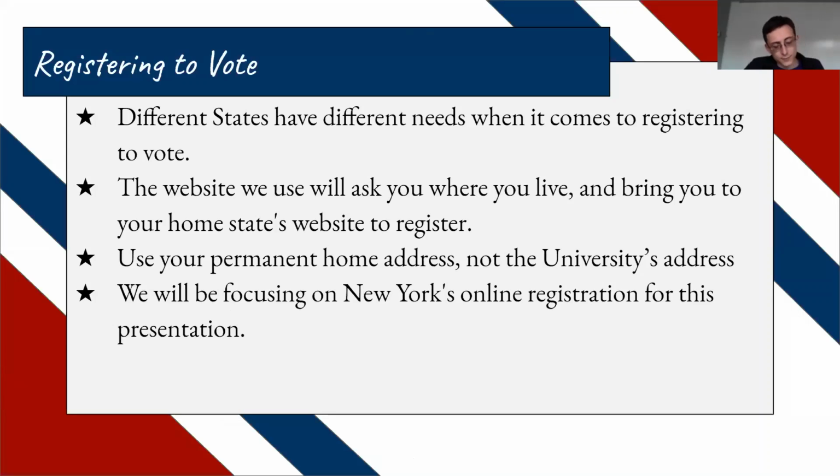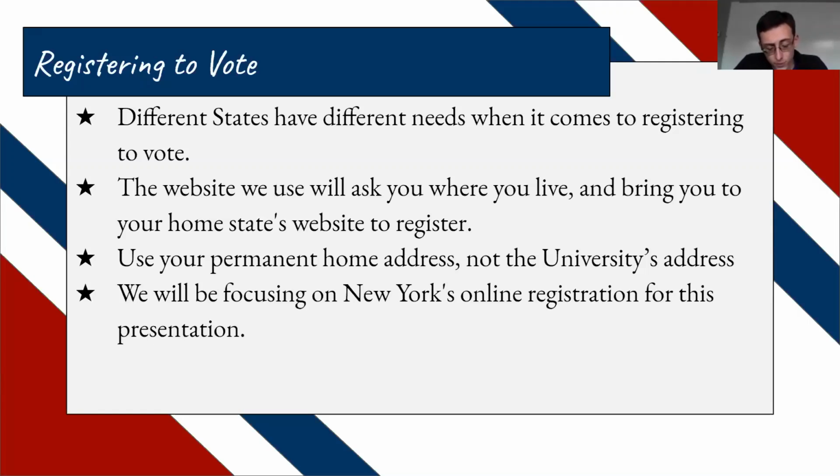Different states have different requirements when it comes to registering to vote. But don't worry, we can still walk you through the process. The website we use asks which state you are from and directs you to your local state election website. If you are from out of state, feel free to drop your state in the chat box and I can tell you what your state requirements are to register.